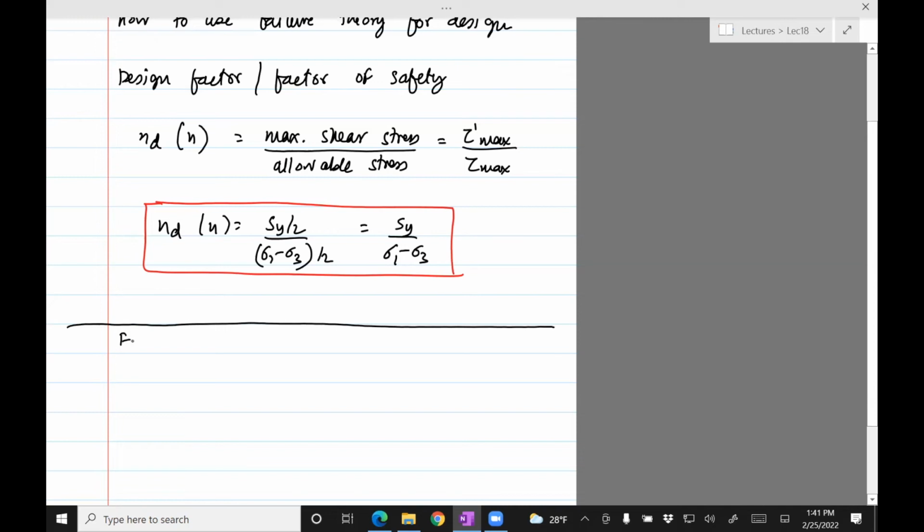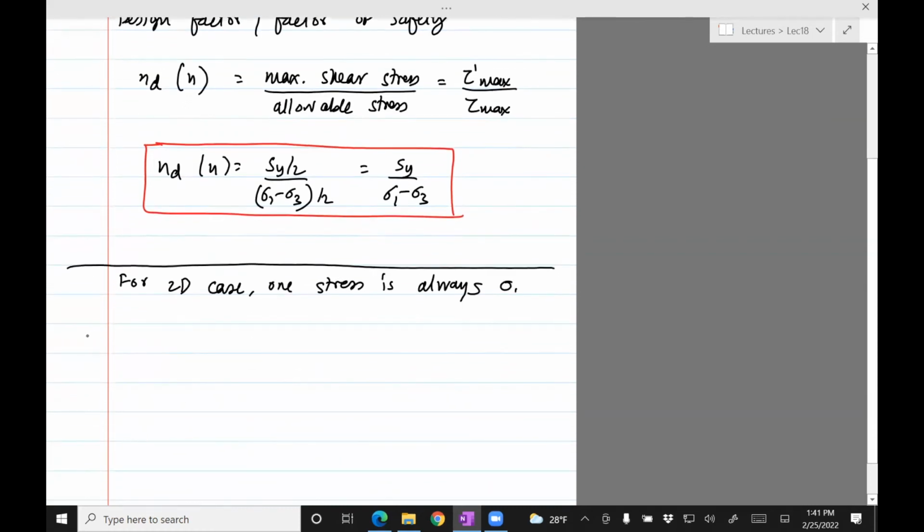Okay, so for 2D, one stress is always 0. An example would be a plane element which doesn't have a third dimension, or the dimension is relatively small, so the stress in the third dimension is 0.